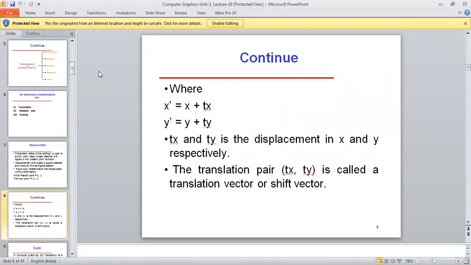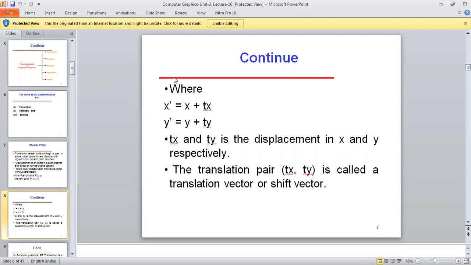So in case of the translation, how will we calculate the new points? In this case, x dash is equal to x plus tx, y dash is equal to y plus ty. We already have the initial point, then we must calculate the final point. x and y are the initial coordinates.